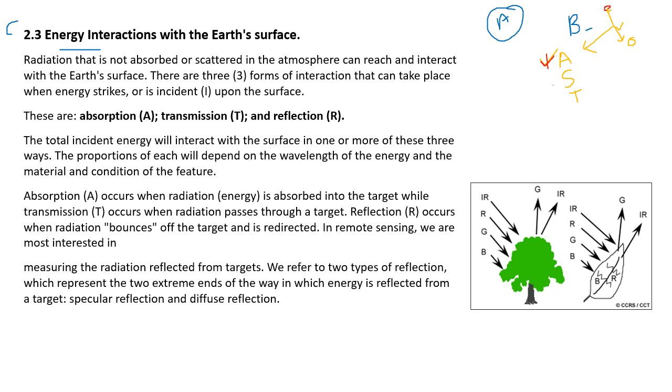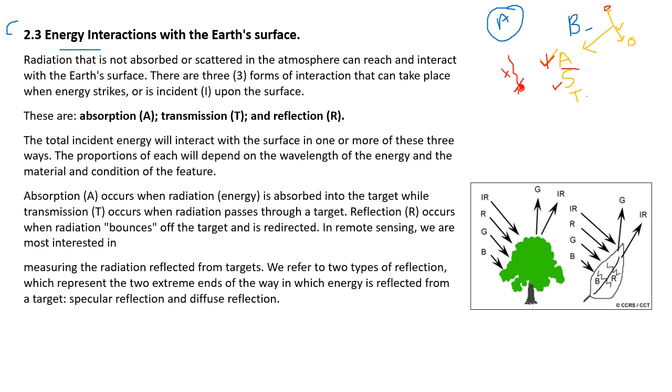The second is that some energy is scattered. When the photons are coming to the earth, there are some particles, gases, which interact with the radiation, and this radiation is getting scattered here and there. So this energy is also wasted in the atmosphere, so it's unimportant for remote sensing.